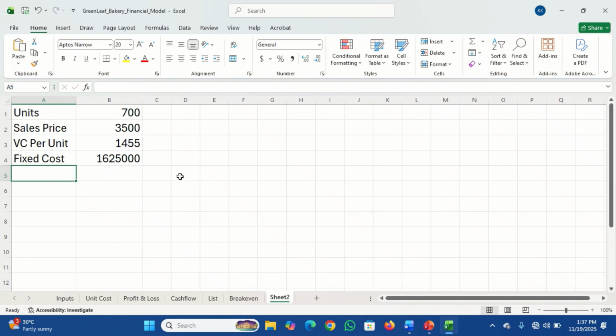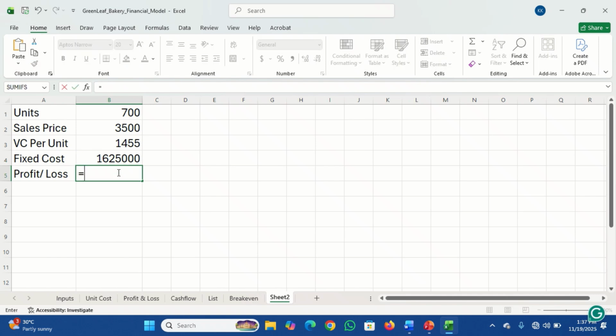So the formula for getting the profits, the profit and loss formula. The formula for getting the profit is our sales price minus our variable cost, which is the contribution margin, times the units we sold minus the fixed cost. So here we are going to enter a formula.